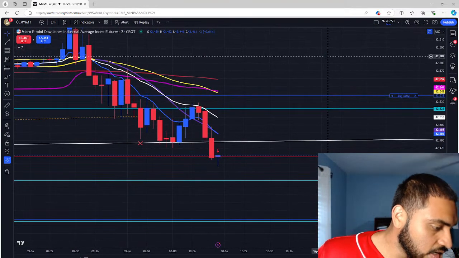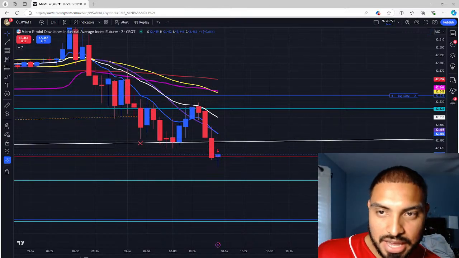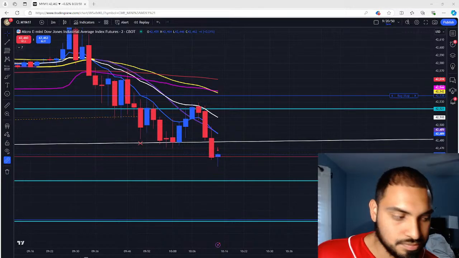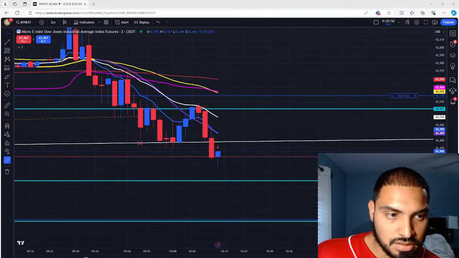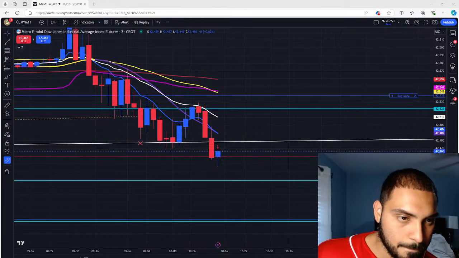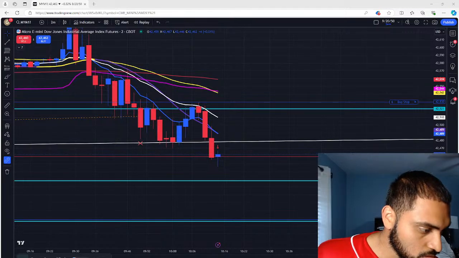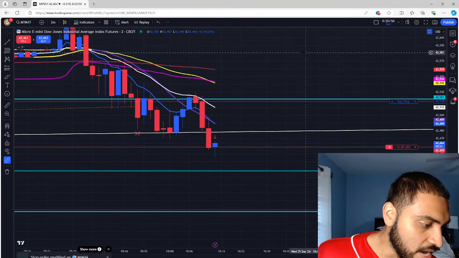I'm logged in. So I'm gonna put my stop loss around the 20 EMA. So I'm putting my stop loss at the 20 EMA.